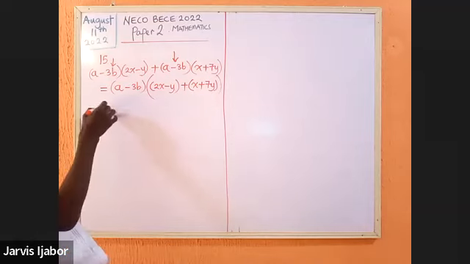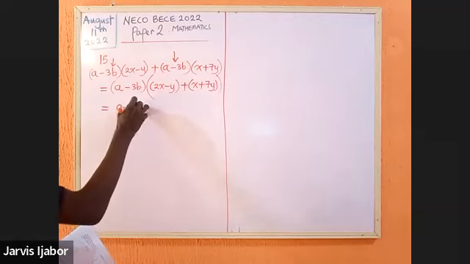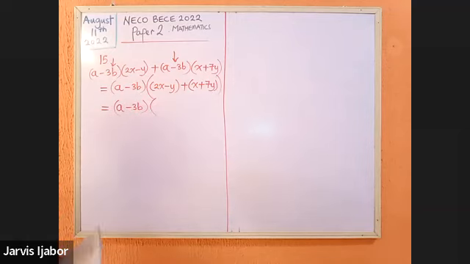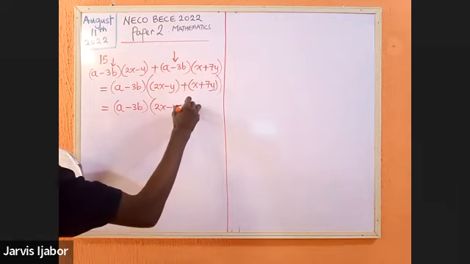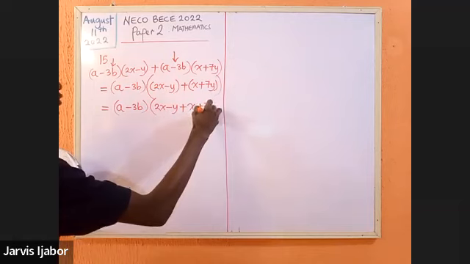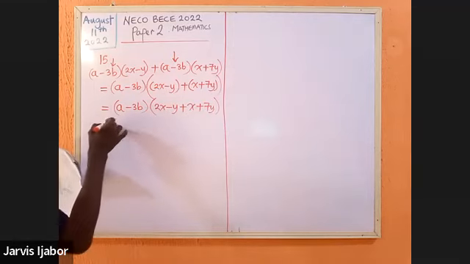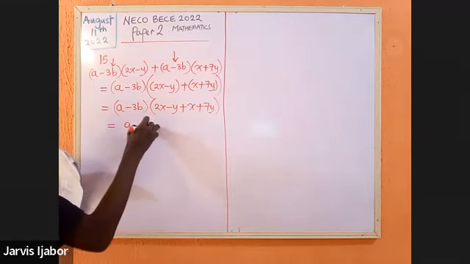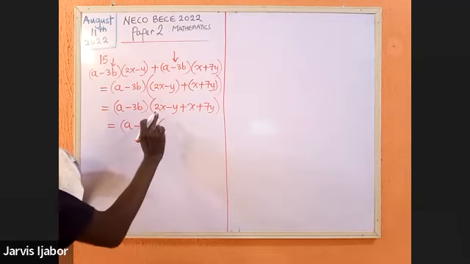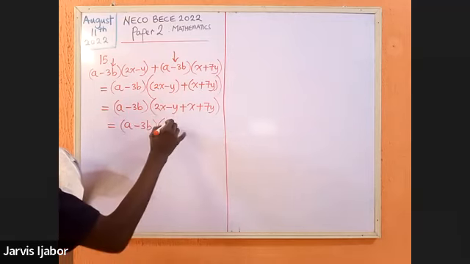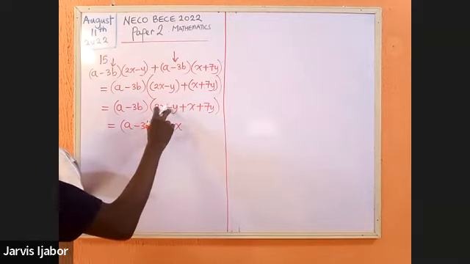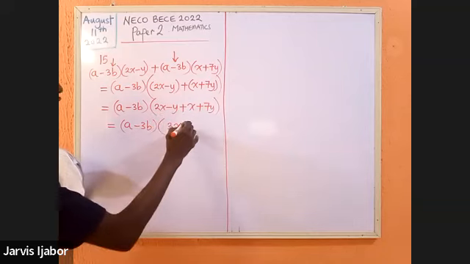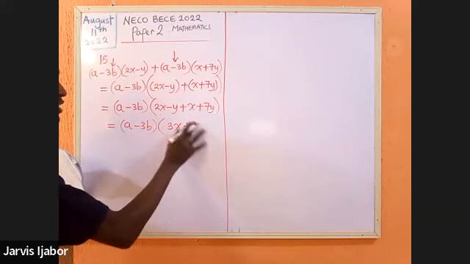This will be 2x minus y plus x plus 7y. And this will give me a minus 3b into, now look at this, 2x plus x will give me 3x. Negative y plus 7y will give me plus 6y.